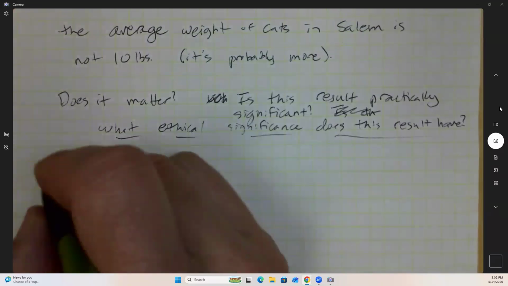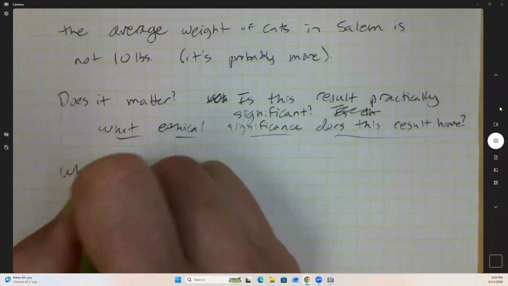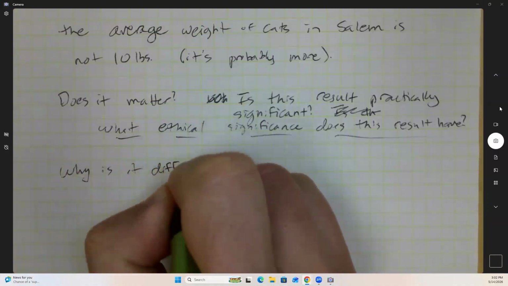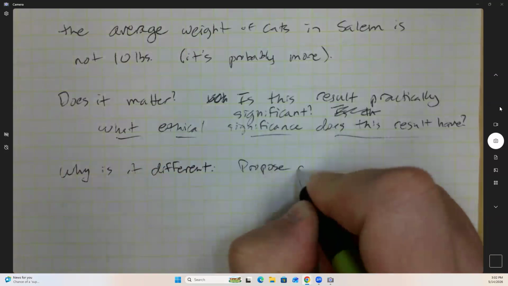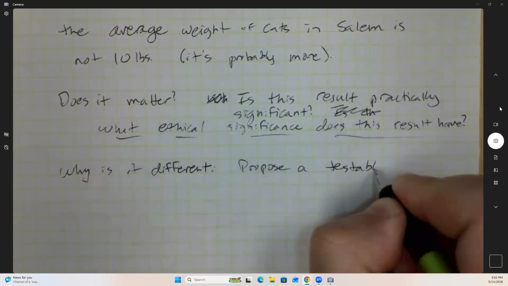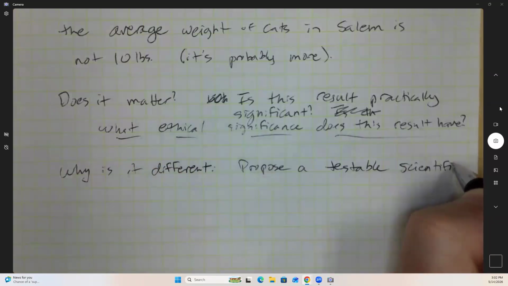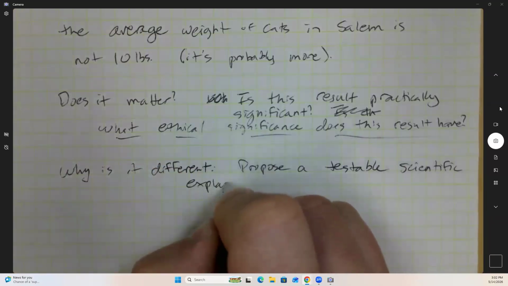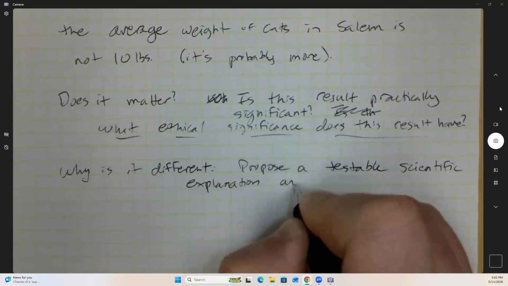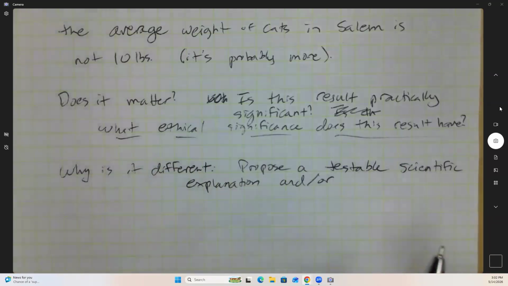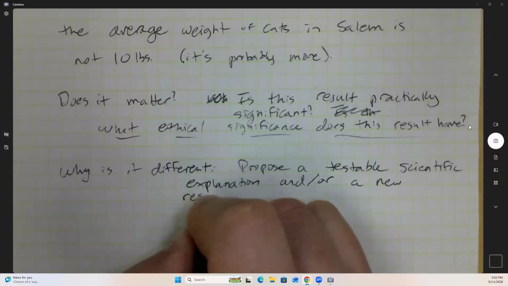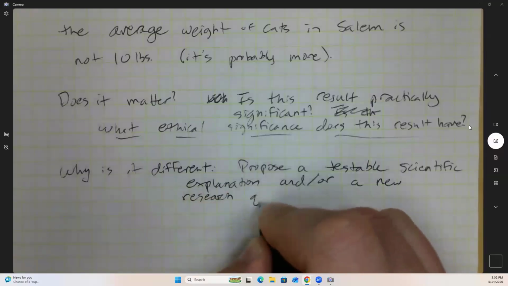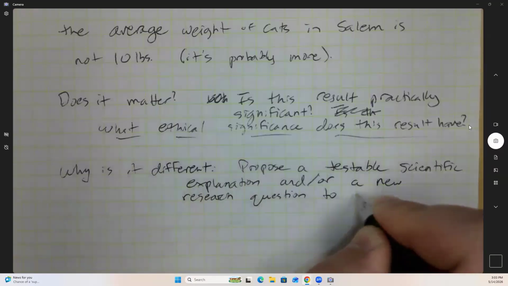And then the last question is, why is it different? And we get to propose a testable scientific explanation and or a new research question to learn more.